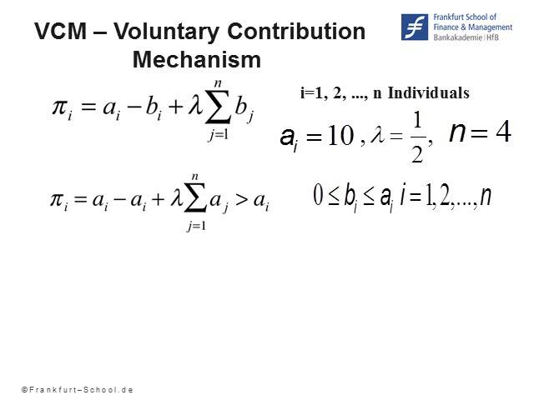Just assume for the sake of argument that everybody puts everything into the pot. Then there are 40 units in the pot, and everybody gets half of it back, so everybody gets 20.